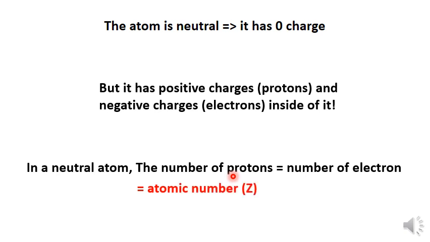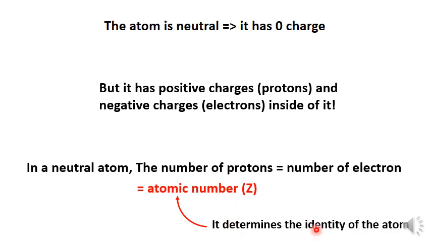So, instead of always saying number of protons equal number of electrons, we can call it a new number, which is the atomic number Z. Why do we call it atomic number? Because it determines the identity of the atom. When we had 8 protons, which is atomic number equal 8, it was oxygen.